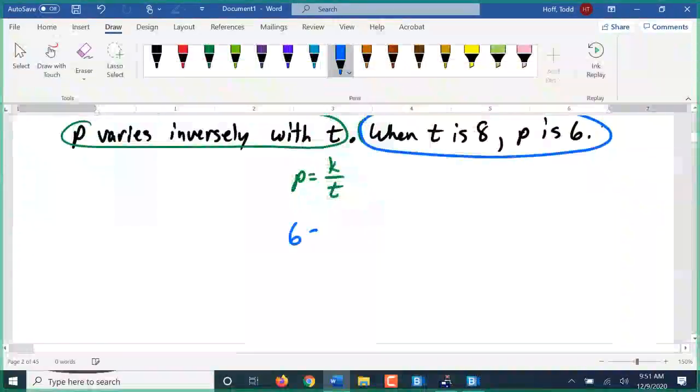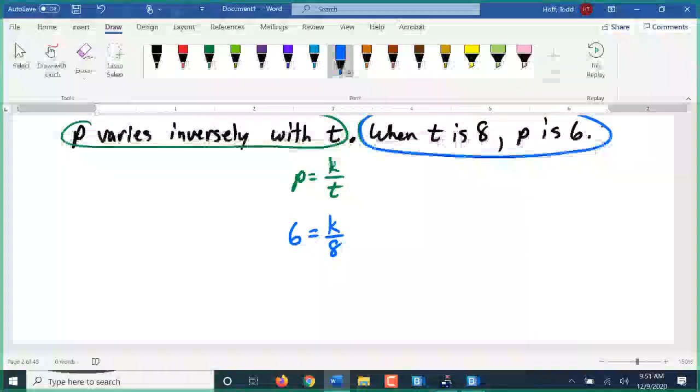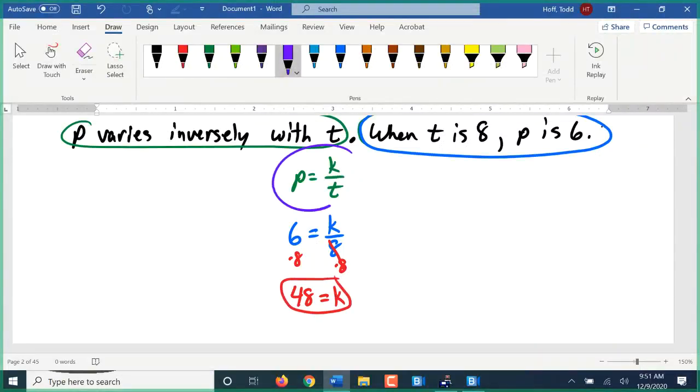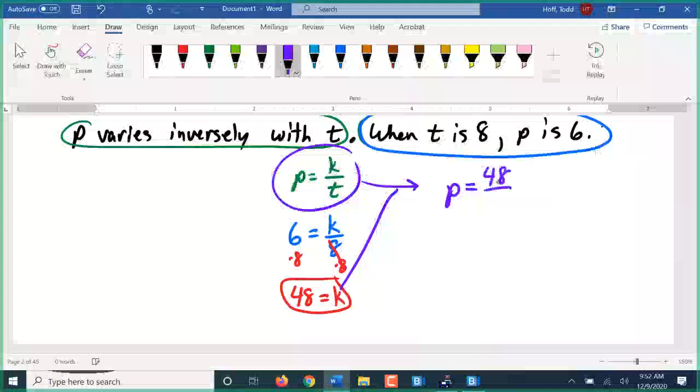We put 6 in for P and we can solve for K. We're going to multiply both sides by 8. 6 times 8 is 48 equals, on the other side the 8 cancels out, we have K. So the constant is 48. So we can combine that with our initial relationship to get, rather than P equals K divided by T, P equals 48 divided by T.